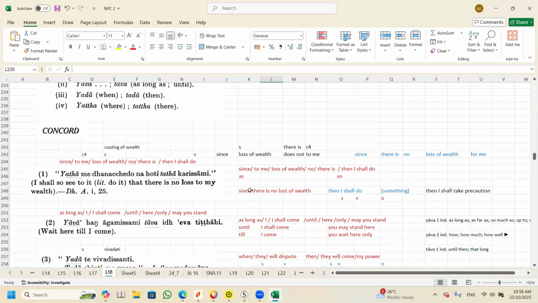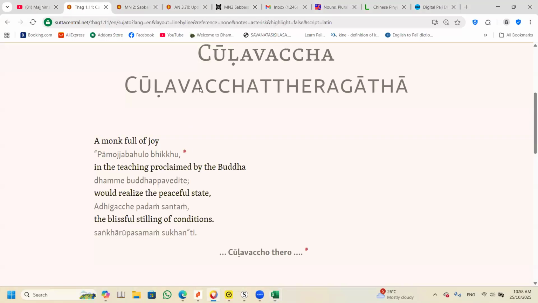Now here, subject. Can you see this is the subject? The word chedo, technically, is cheat, but it has more than one meaning. So you will look at the dictionary. Chedo has more than one meaning.